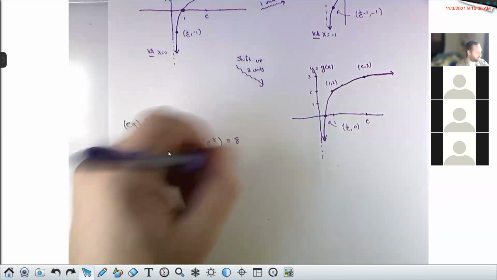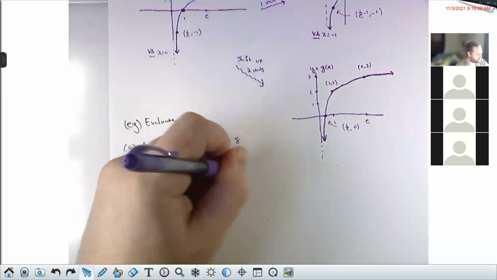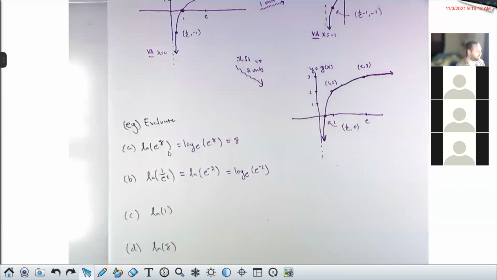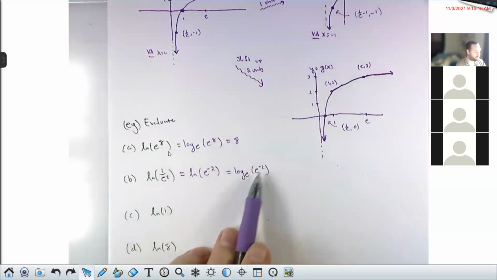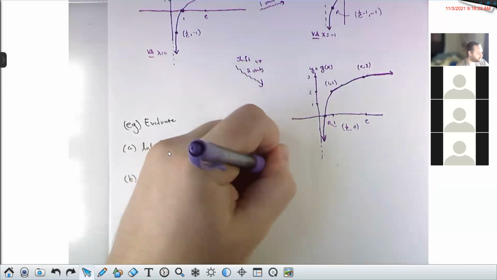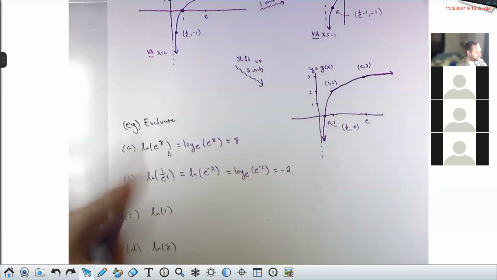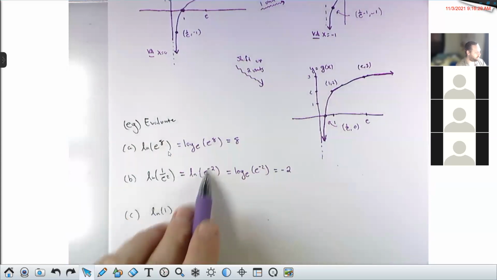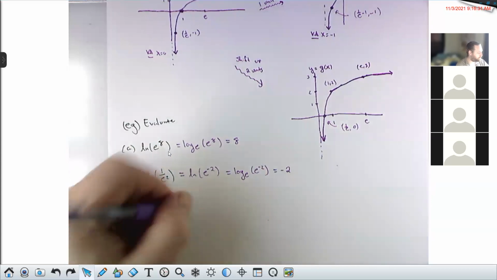And remember, ln is the same as log base e. So same logic, what would the base e log of e to the negative 2 be? Negative 2. Yeah, perfect, negative 2. So the ln of 1 over e squared, or the ln of e to the negative 2, is negative 2.